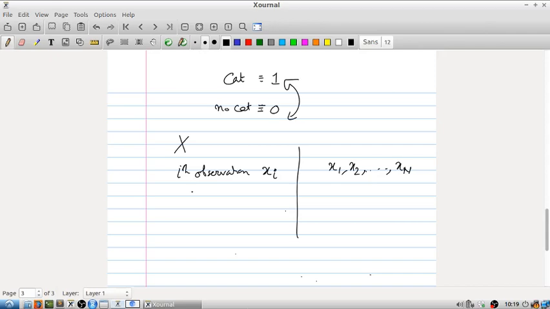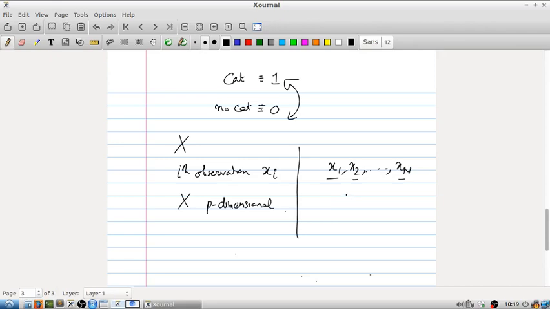For example, x can be a three-dimensional vector, and if it is p-dimensional, all these observations are also p-dimensional.